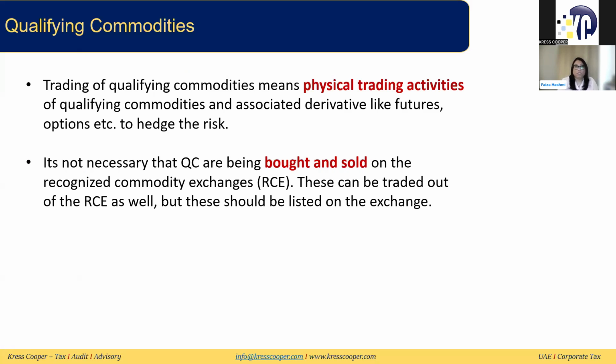One important point is that it is not necessary that the qualifying commodities are actually bought and sold by these qualifying commodity traders on the recognized commodity exchange itself, but they need to be dealing with one of those qualifying commodities, which, like we discussed in the previous slide, are those traded on the recognized exchange. So it has to be one of those commodities which the traders are dealing in. They don't necessarily have to do the buying and selling through those recognized commodity exchanges.